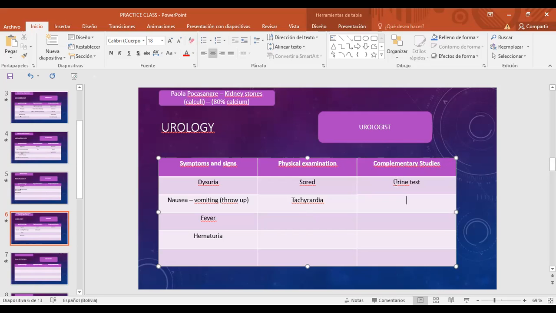So here we have the urine test, right? To know if the lab personnel can find any kind of crystals related to what this kidney stone is made of. Usually, as I told you, calcium, right? So is there any other test that you might ask for?